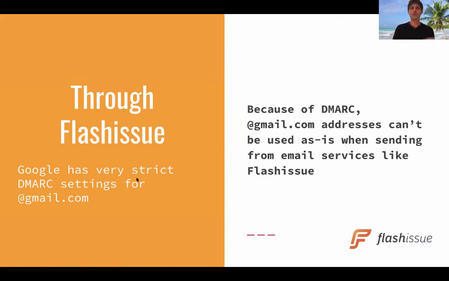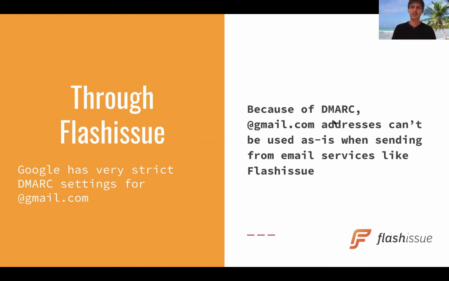Google has very strict DMARC settings for gmail.com. It says something very simple. If a message is sent and it says that it comes from a gmail.com address, but it wasn't delivered directly from one of Google's servers, don't accept it. That's what Google tells all the other email services in the world using its DMARC settings.